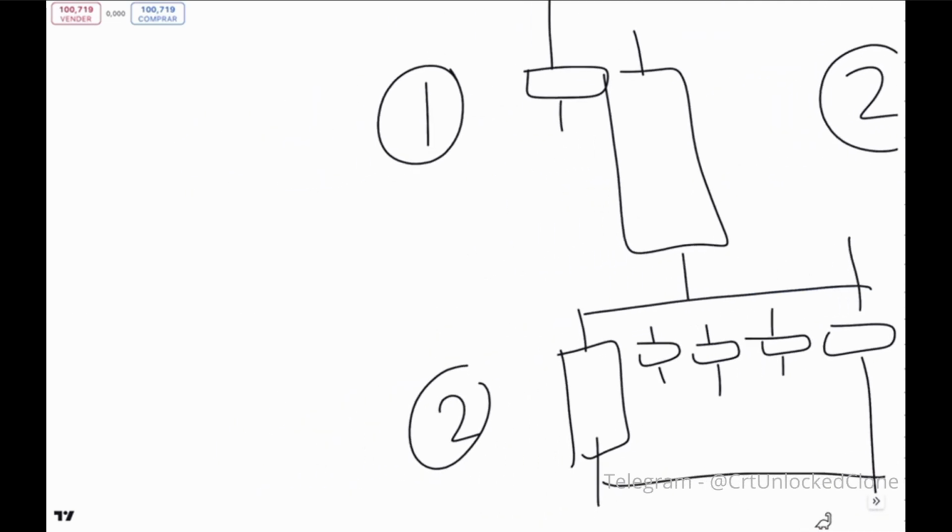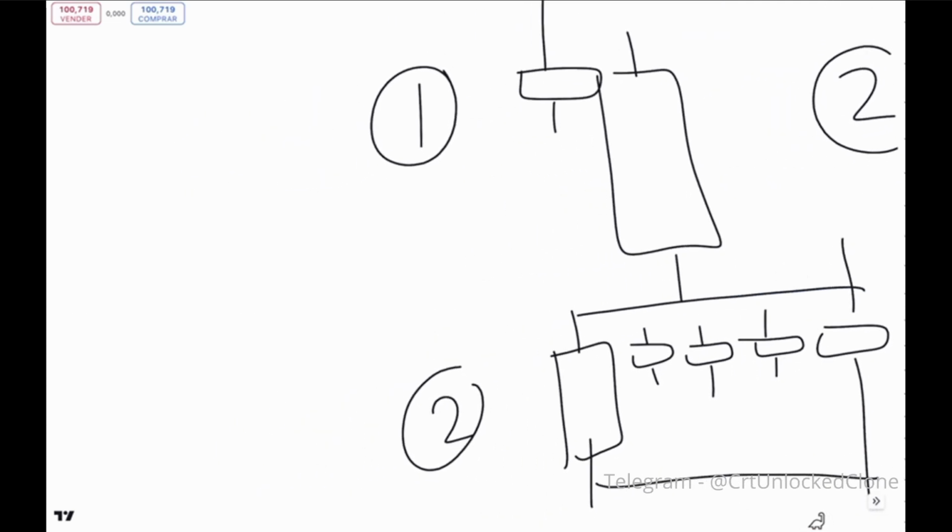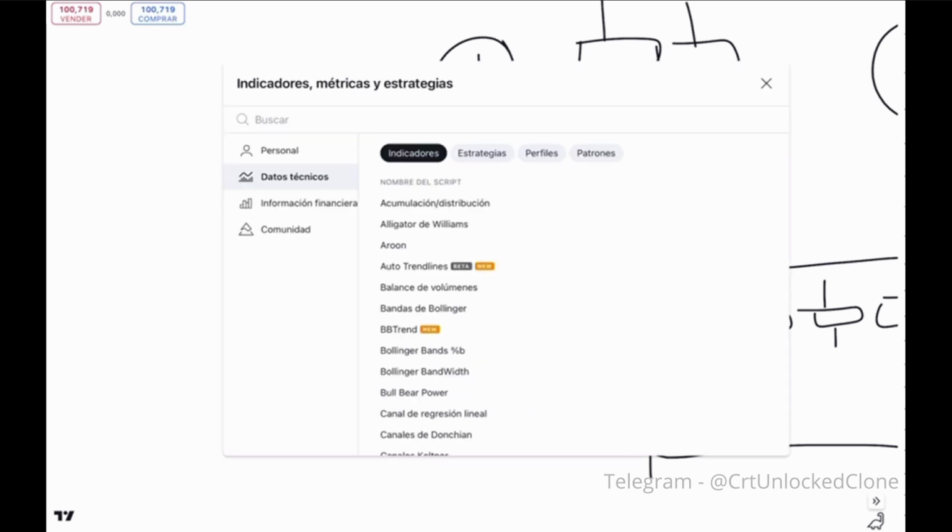Now it comes to the time frame alignment of CRT. Let's start from the monthly and go down all the way to the 4 hour.